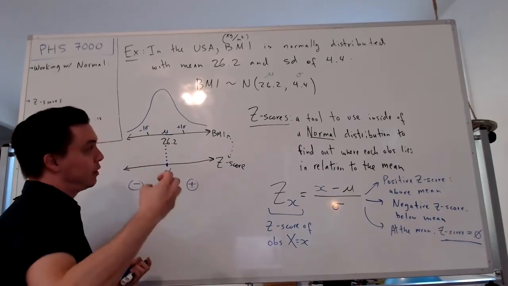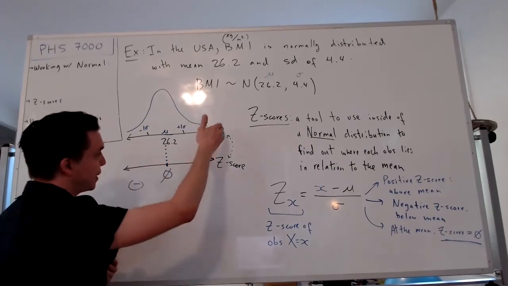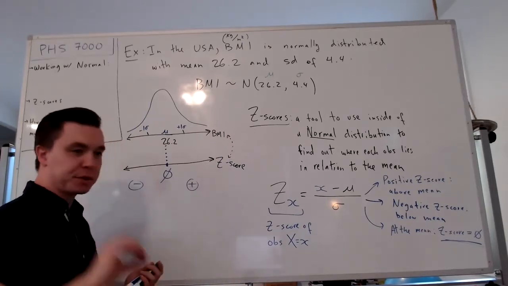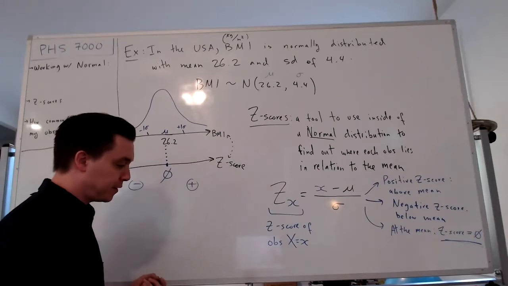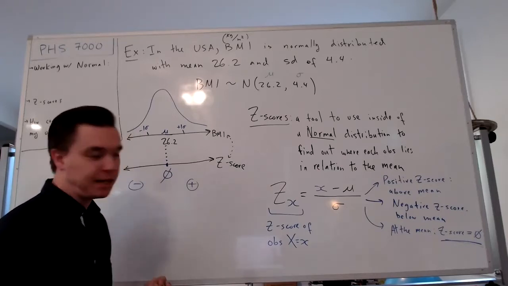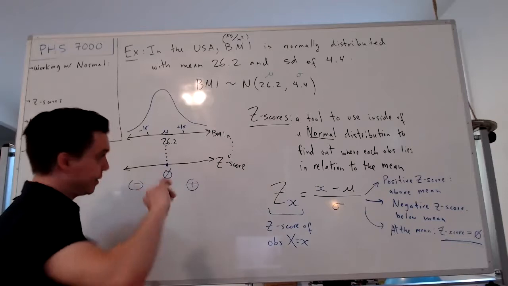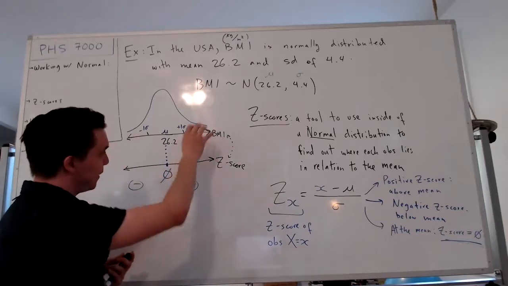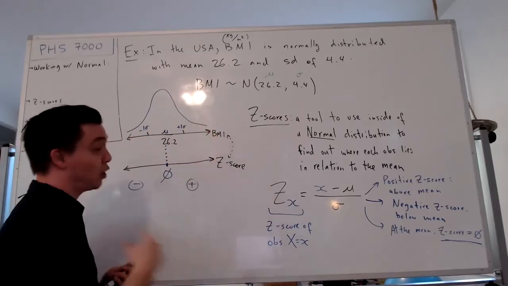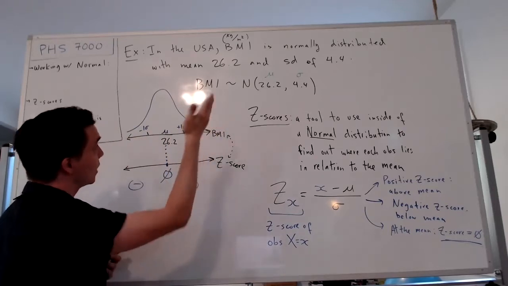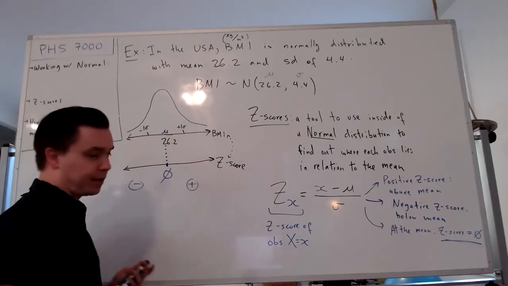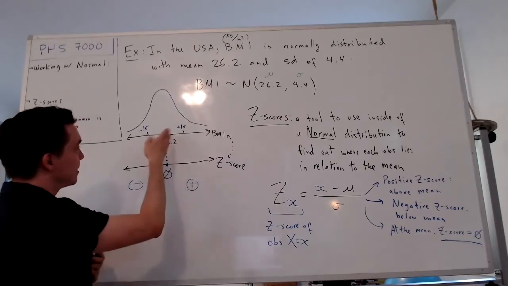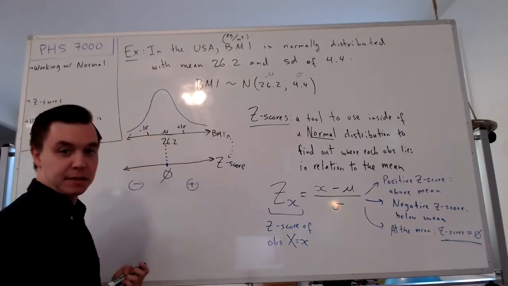The reason why we sometimes like to transform whatever it is we're measuring, could be BMI, could be blood pressure, could be concentration of some kind of protein in the blood, could be birth weight, could be air pressure, anything, to a Z-score is because what we're measuring changes. The mean is different, the standard deviation is different, right?